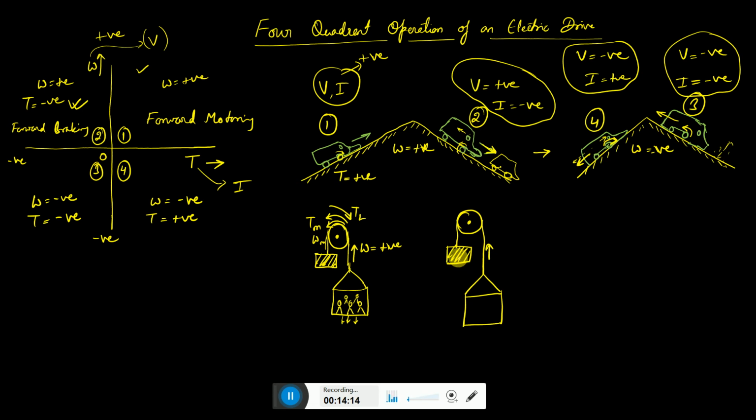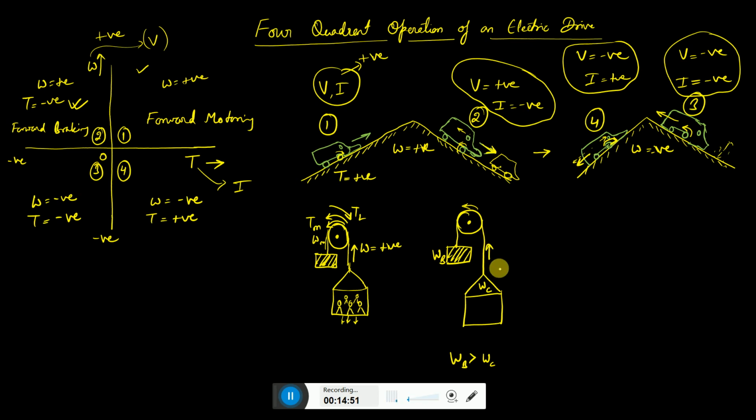The weight of the balancing weight, let us say WB, is greater than the weight of the empty cage. So that's why it will automatically roll over in the forward direction. But if you just leave it, it will roll in the forward direction and this empty cage will come up and hit the rooftop.